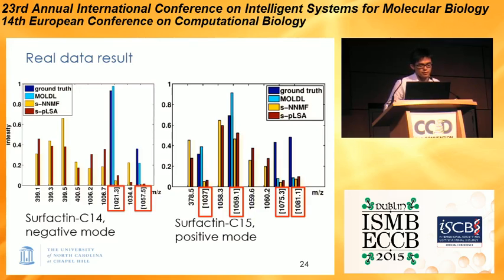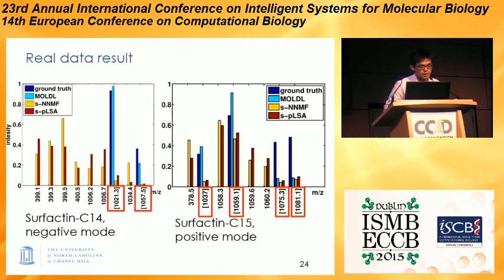These results are for the surfactant C14 and surfactant C15. In both results, our method can recover the ground truth dictionary element. In fact, our model, shown in light blue bars, is the closest one to the ground truth, shown in dark blue blocks. Also, our method does not have any false positive values.